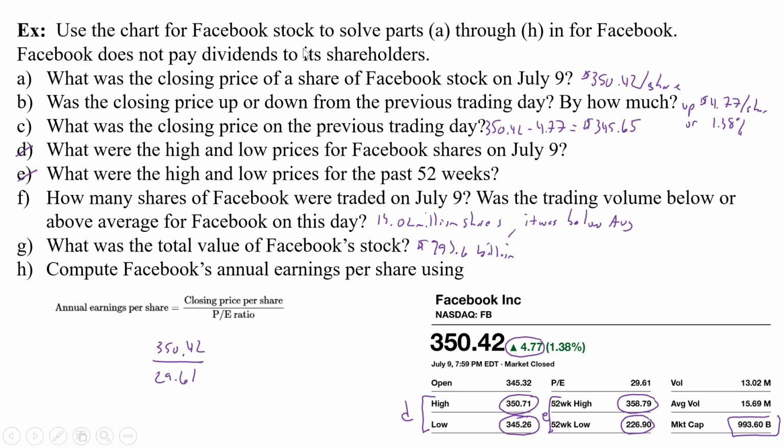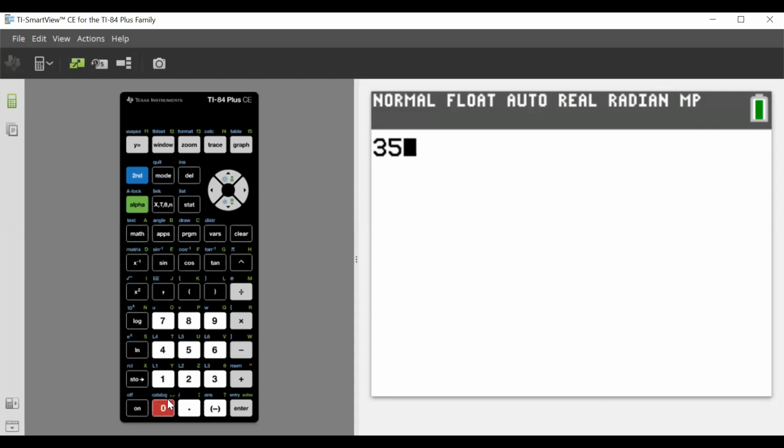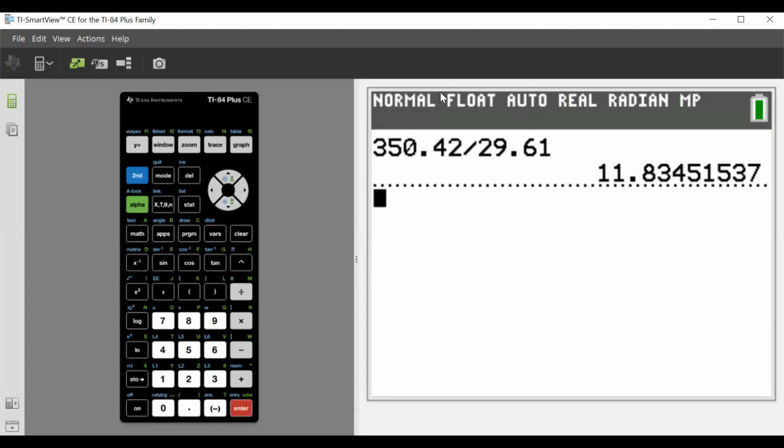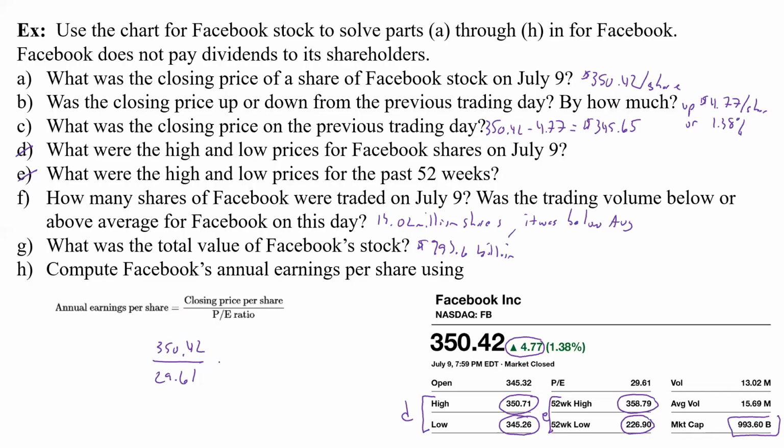If we divide those out, we get 11.83. So roughly $11.83 per share. So that's the annual earnings per share.